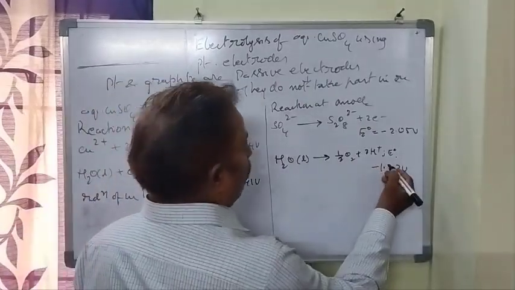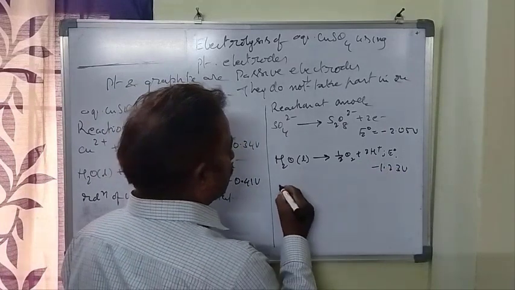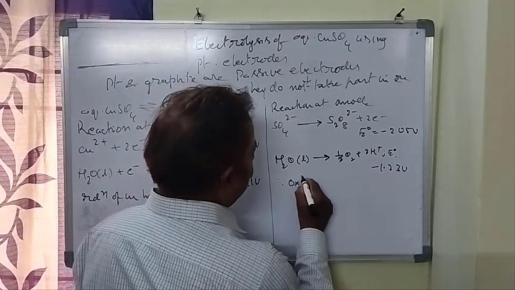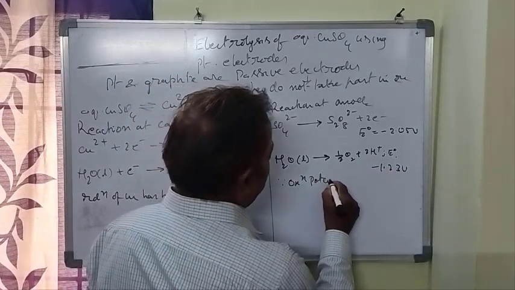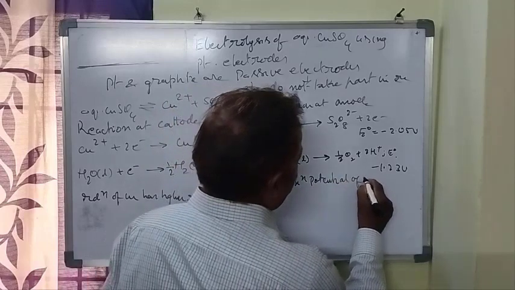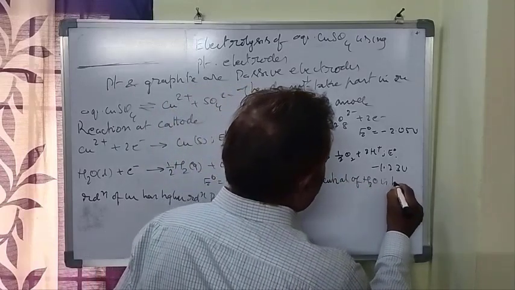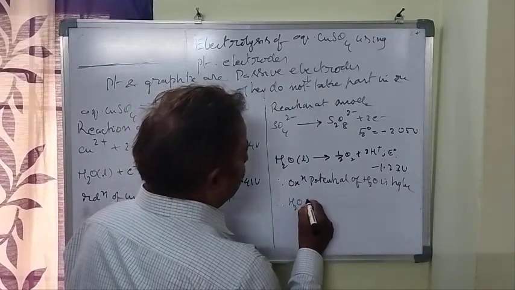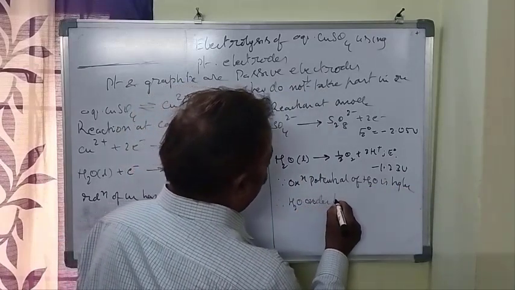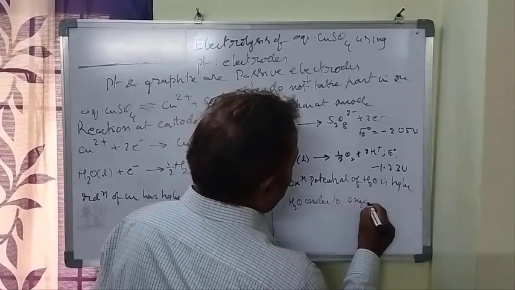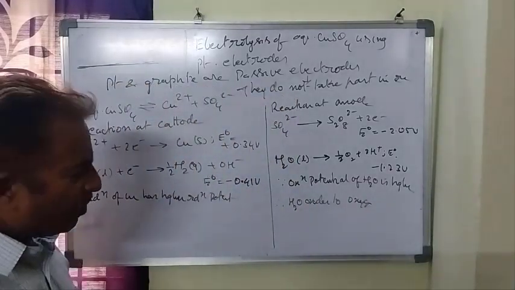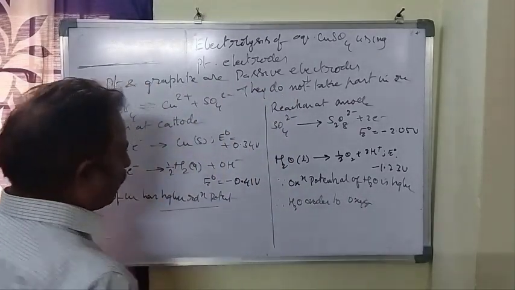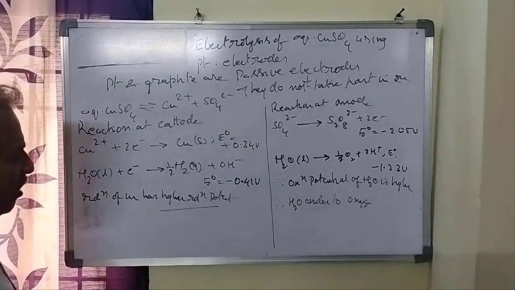Since the oxidation potential of water is higher, therefore water oxidizes to oxygen. So finally, as the process goes on, copper ions continuously reduce.